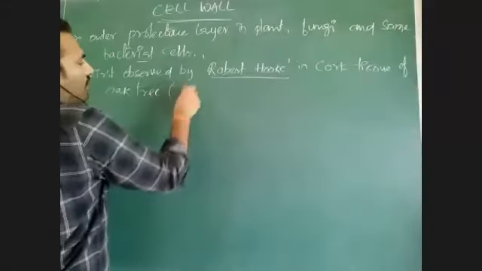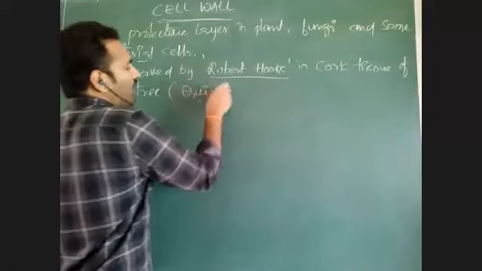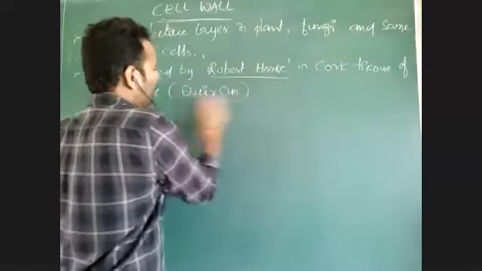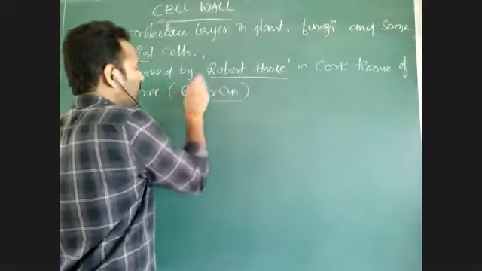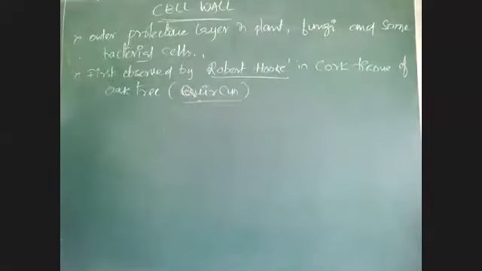The oak tree is also called Quercus, as I told you in the previous class. The first cell identified by Robert Hooke was a dead cell. He is the scientist who observed that.